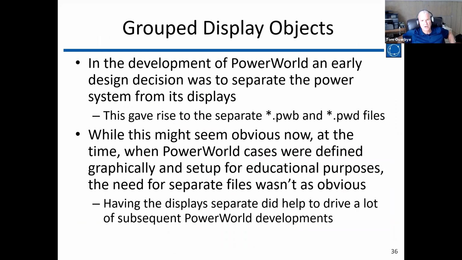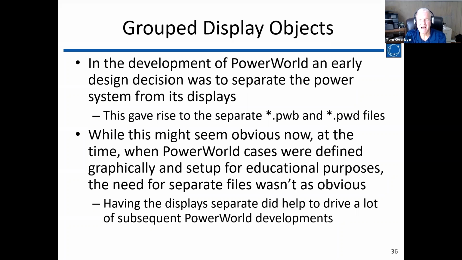The next part of this talk is going to talk about the group display objects, which is something that we found very useful to summarize the power system information. So in the early development of PowerWorld, when we first started doing this in, I guess, '94, we made a decision early on to separate the PWB files from the PWD files, separate the power system from its one-line representation.